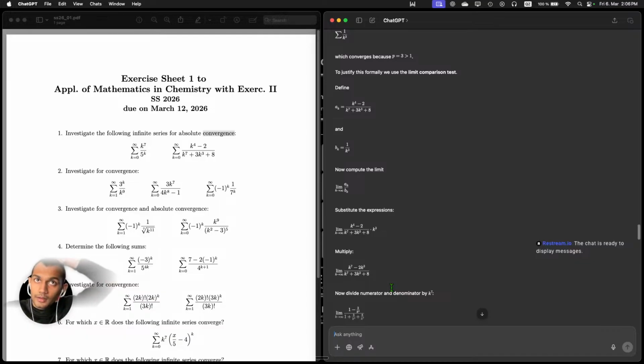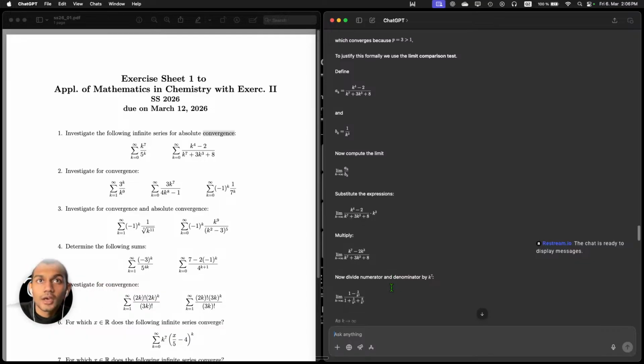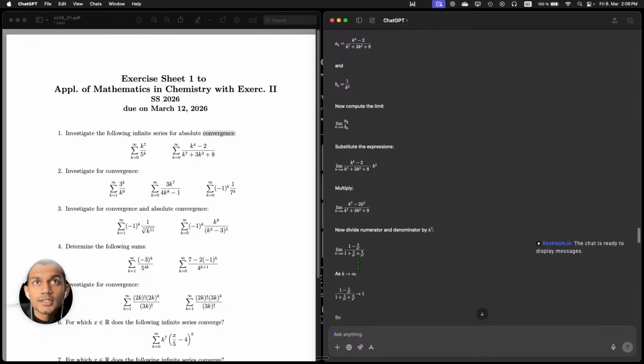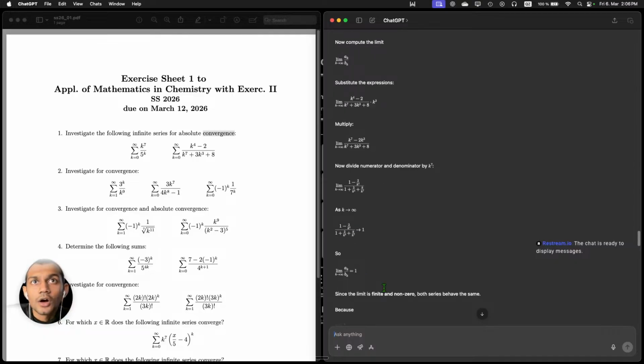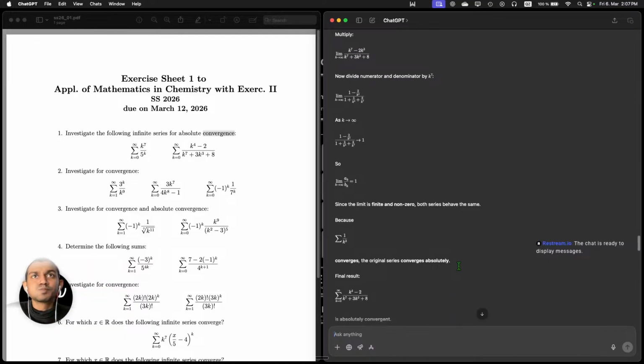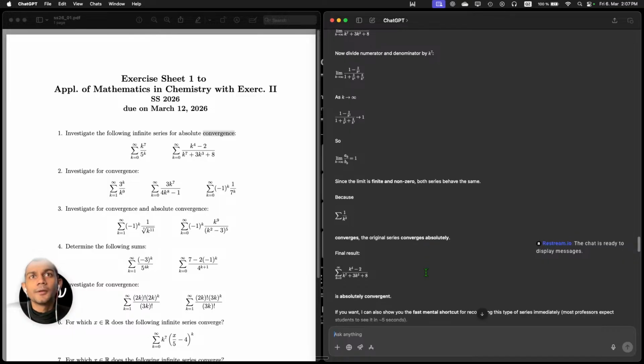Why? Oh, to get rid of that, okay. So as k goes to infinity, we're getting 1 by 1. Okay, so since the limit is finite and non-zero, both series behave the same. Because 1 by k raised to 3 converges, the original series converges absolutely.